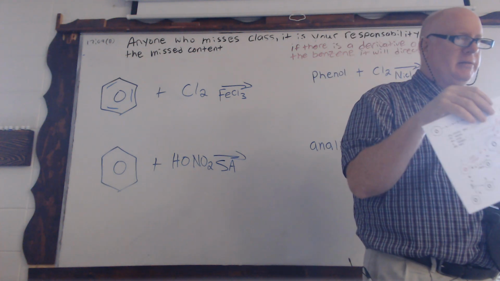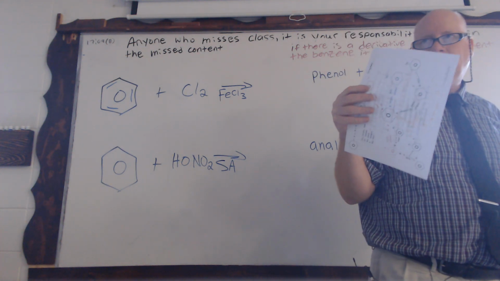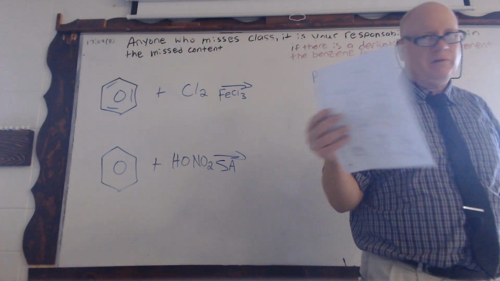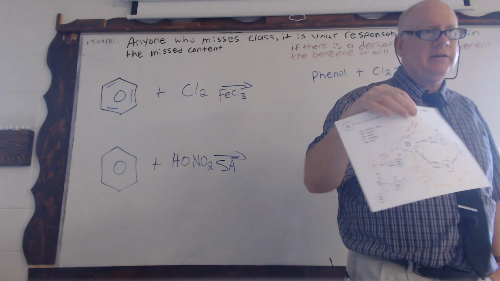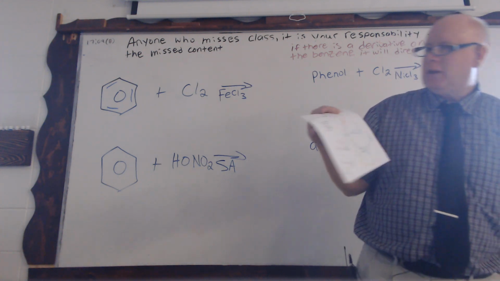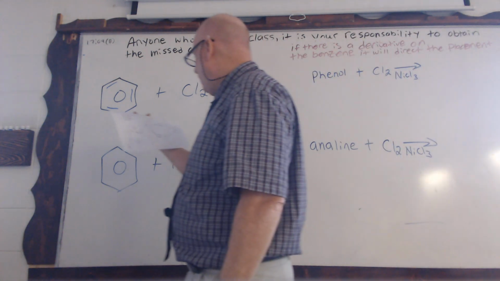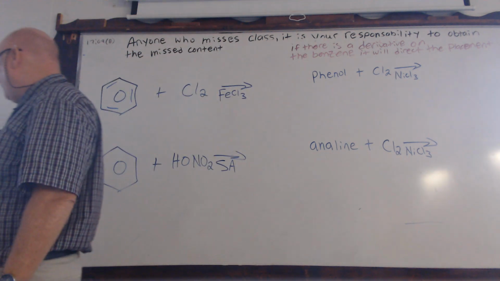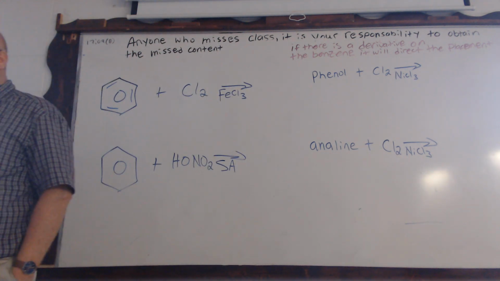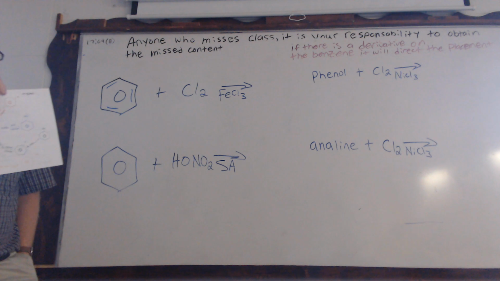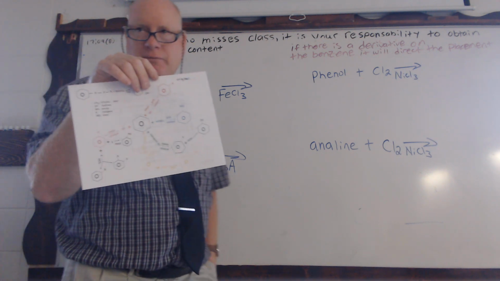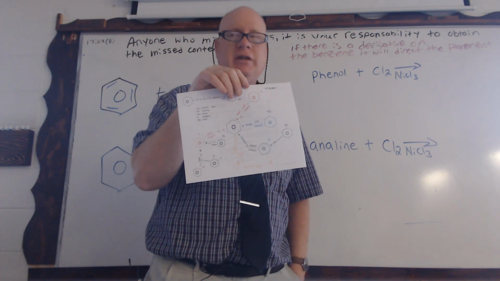R just means an alkyl group, CH2, CH3, anything to that effect. That's what R means, okay? So then when we're talking about X at about 5 o'clock, does that X appear on the benzene ring with this reaction? Yes, it does.